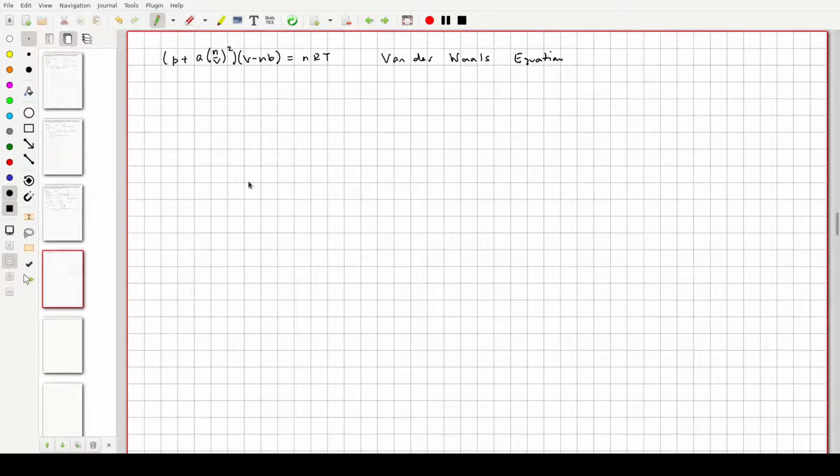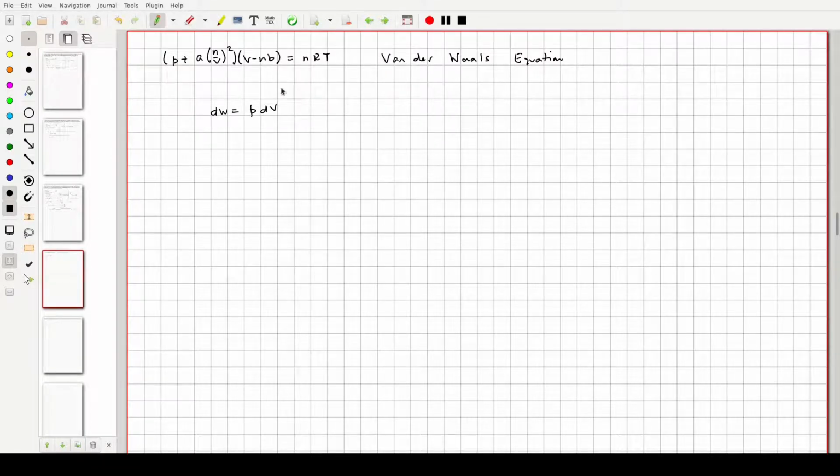Okay. So really, if we're looking at the work and what that would look like, what you're wanting to do is to look at this right here. So we need to solve this for P. Okay.